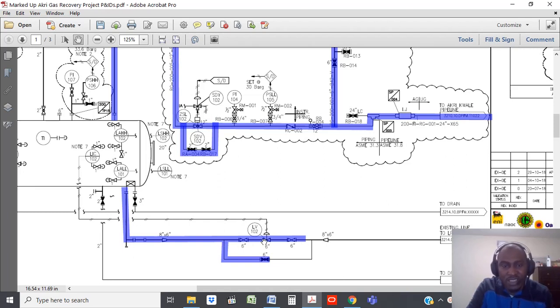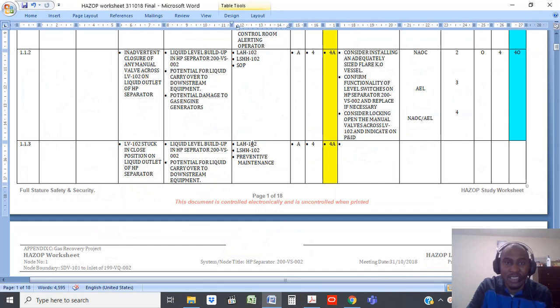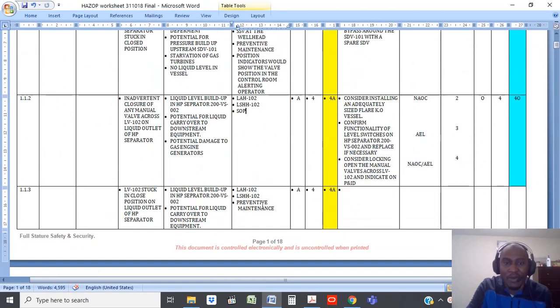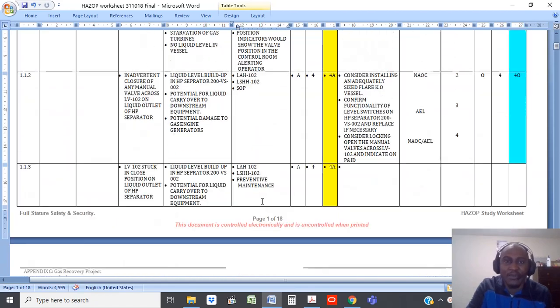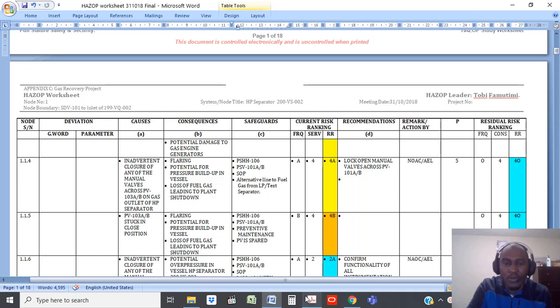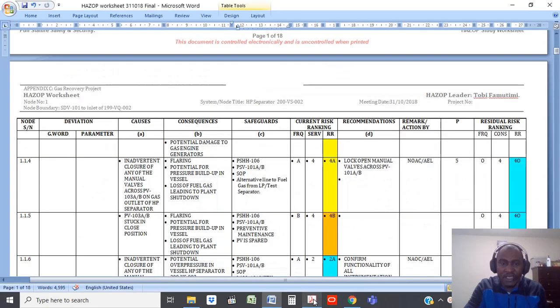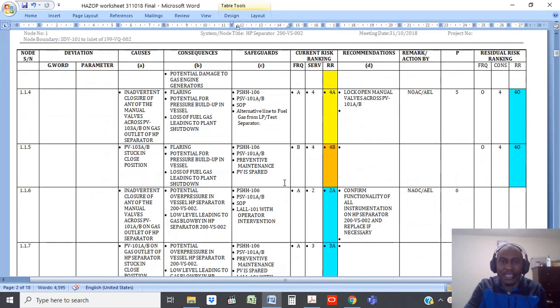So this could be open, this could be open, and this would be closed, and you wouldn't have any liquid flowing out, which would lead to the same consequences as above, with much the same protections. Also your preventive maintenance would help with the LV not failing when it's called on demand.